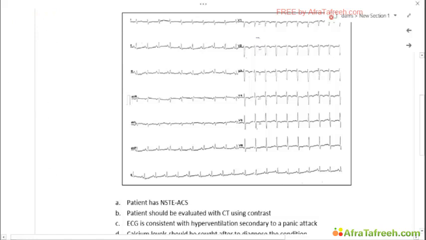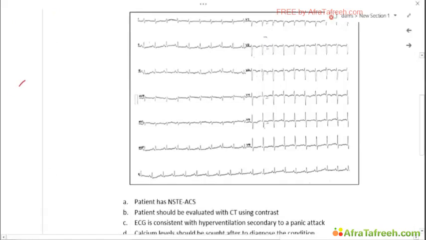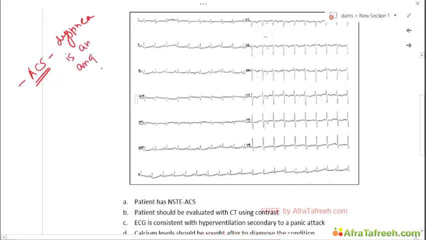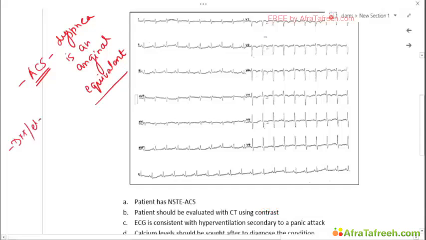One thing which I missed was, again, acute coronary syndrome, when dyspnea is an anginal equivalent. Especially seen in diabetics, the elderly, or females.